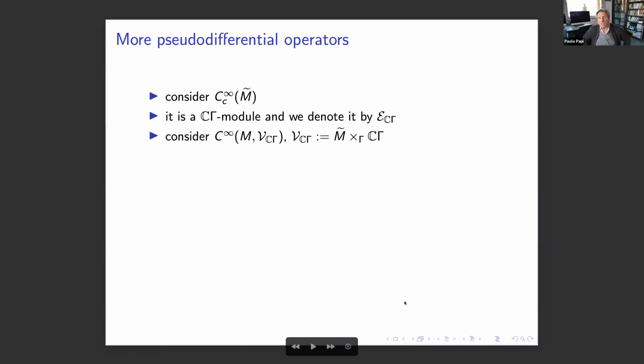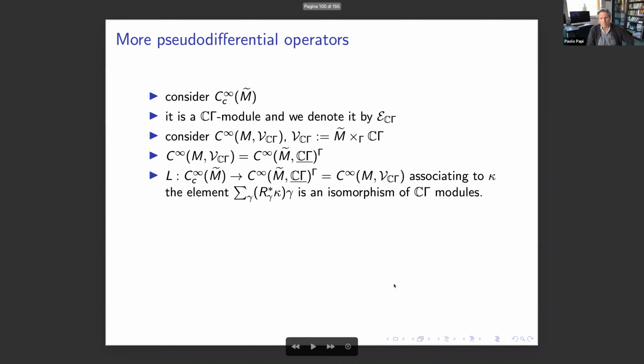I can also consider the Mishchenko bundle over M, defined by M tilde. This is very well known and widely used, and it is known that there is an isomorphism of C gamma modules between C infinity of M tilde and the Mishchenko picture.